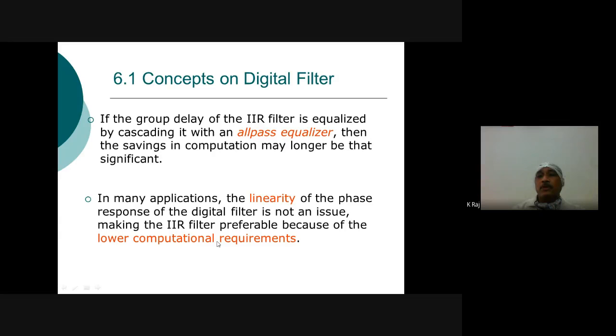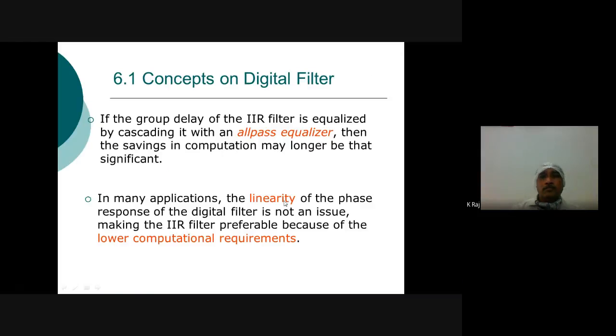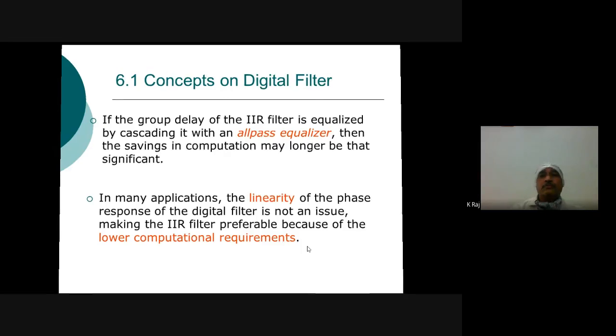Lower computation means it will be efficient. So efficient performance will take place in the case of the IIR if we are not interested in the linear phase response.